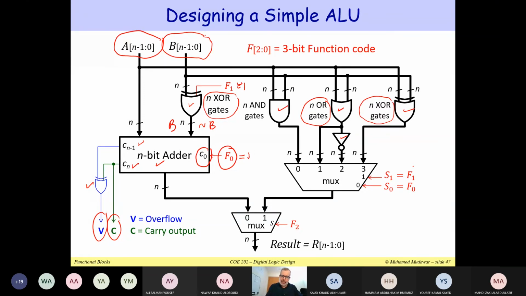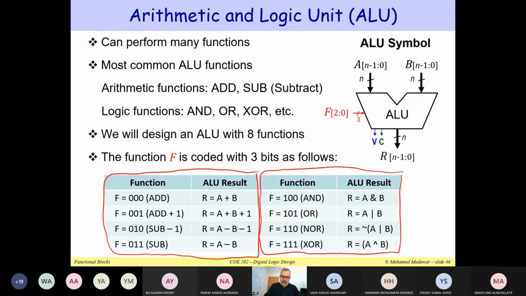And we need F1 and F0 as my select inputs to select what should be the result of this ALU. Notice F1 and F0 as indicated in this table. So 0, 0, we select AND, 0, 1 it is OR, 1, 0 is NOR, and 1, 1 is XOR. So I'm using F1 and F0 to select my result.